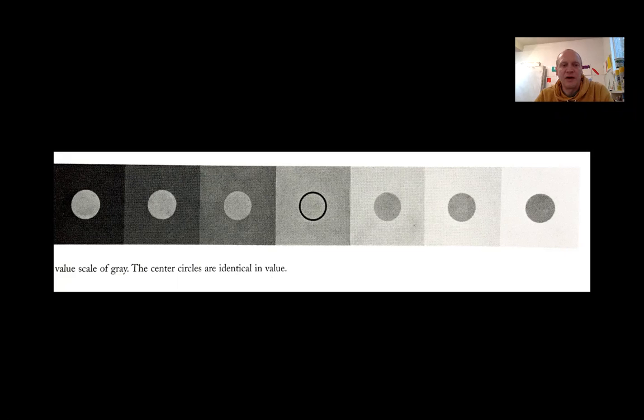We go from black on the left to white on the right. In the center, the circle is a neutral gray, so it's the same gray throughout all of the squares. But when you look at the left side, that gray looks very bright through contrast. And when we look at the right side, that same gray looks very dark. We do an exercise based on this in both 2D design and design color class.